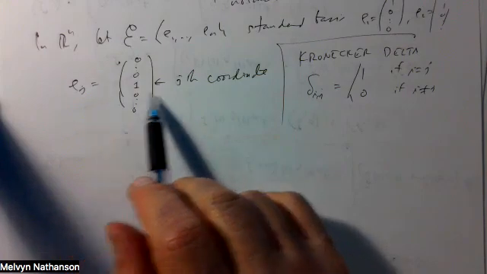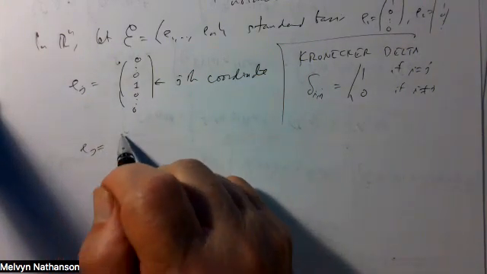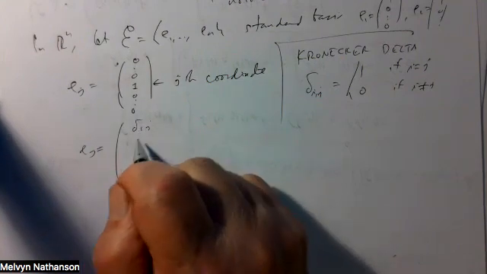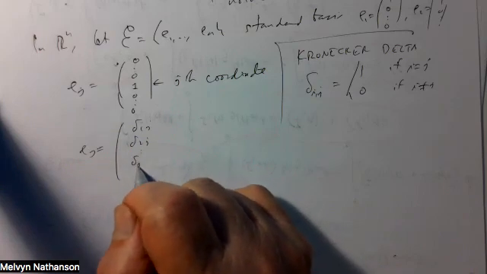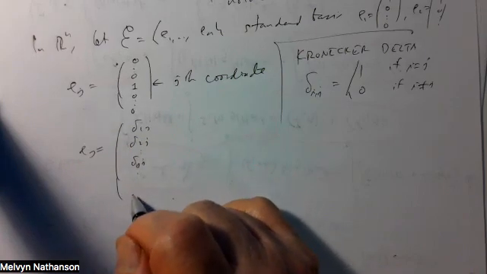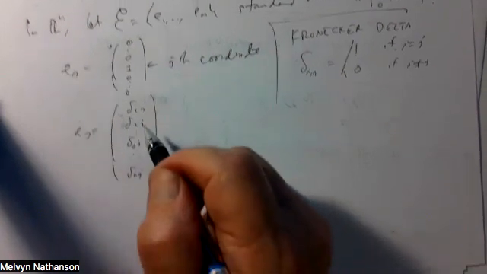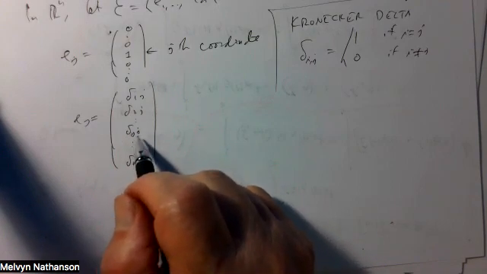So another way of writing this standard basis vector e_j is the first coordinate is delta_1j, second coordinate delta_2j, the jth coordinate is delta_jj, the nth coordinate is delta_nj, and you'll notice these coordinates are all 0 except when i is j.